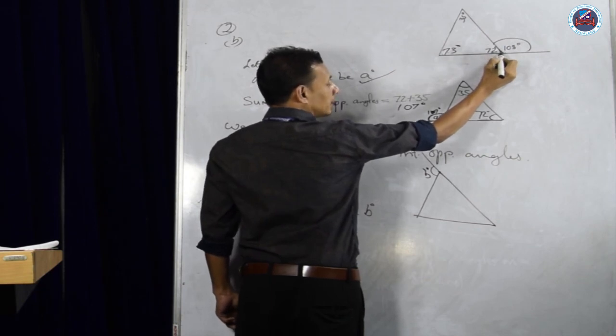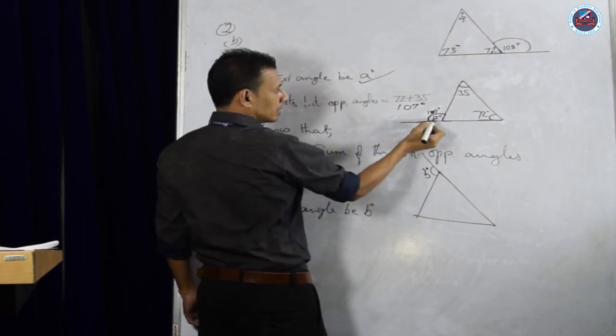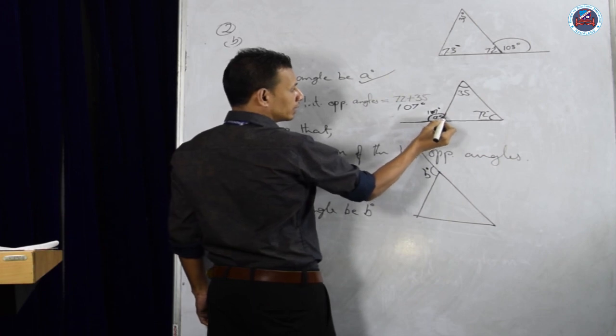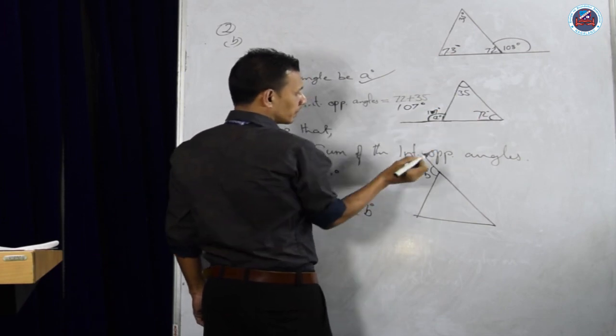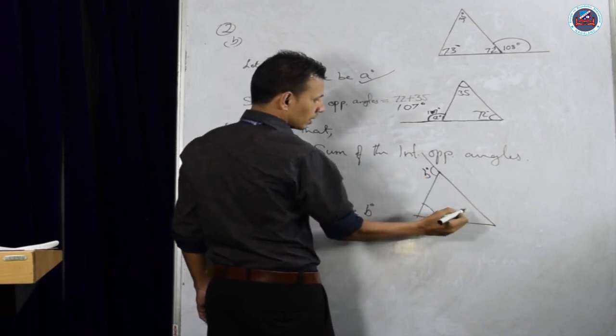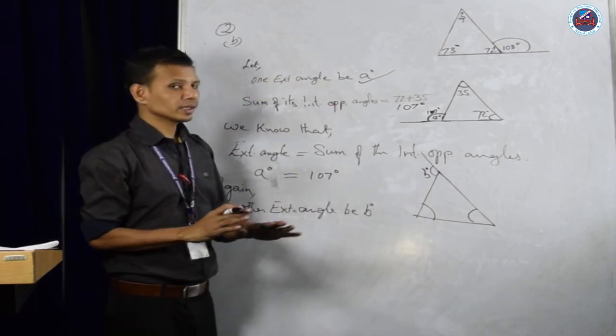So opposite will be the remaining two, these two. Same goes here. For A, don't take the near one, this is adjacent. Then the remaining two will be these two. Now for B, don't take the near one. The remaining two are the opposite interior angles. Keep it like this in your mind, so you will never forget.